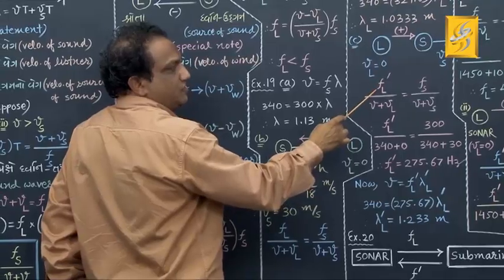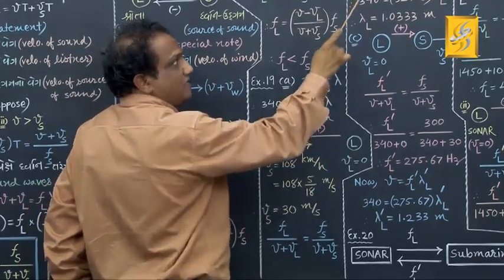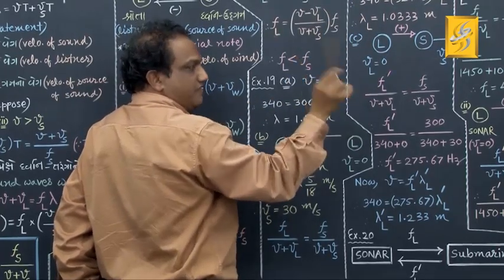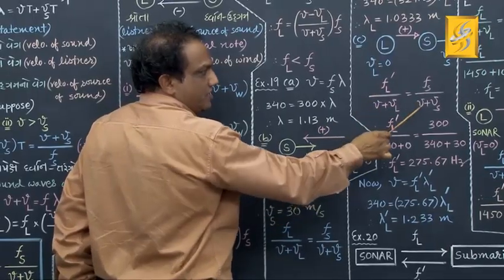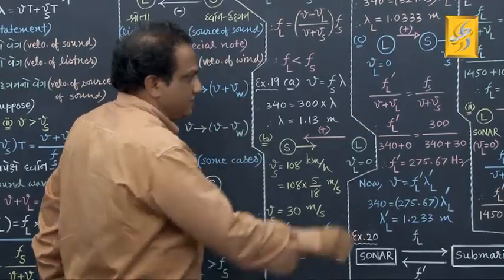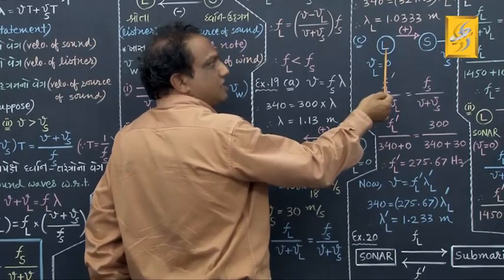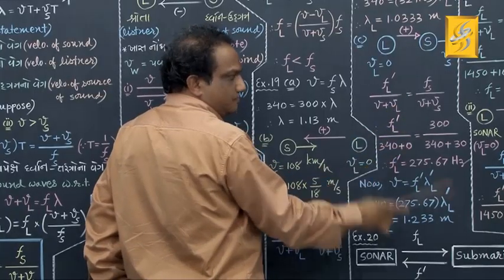But the frequency of sound heard by the listener in this case is somewhat different from the earlier frequency. That's why I am putting a different symbol, FL dash. This FL dash we want to find out. What is V? Velocity of sound, 340 meter per second. What is VL? Because the listener is at rest, VL equals 0.